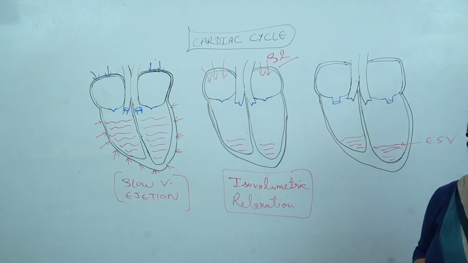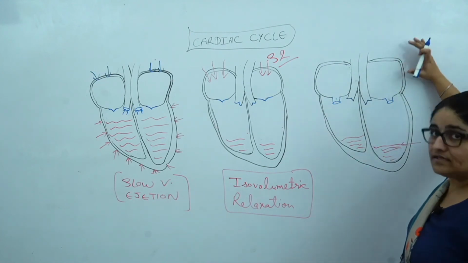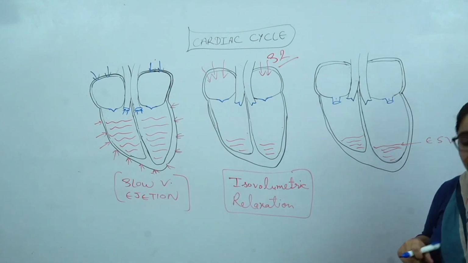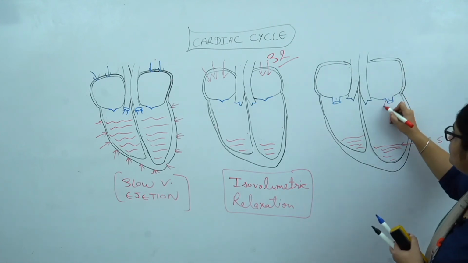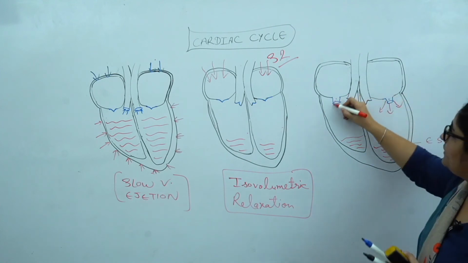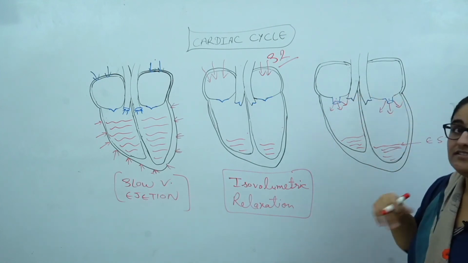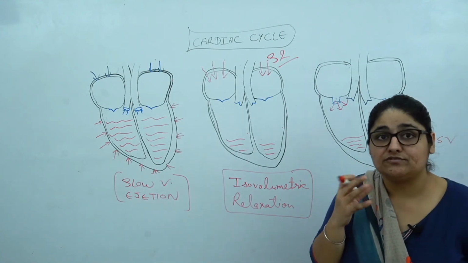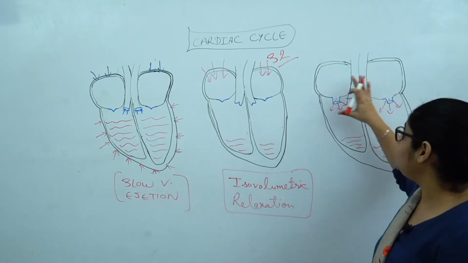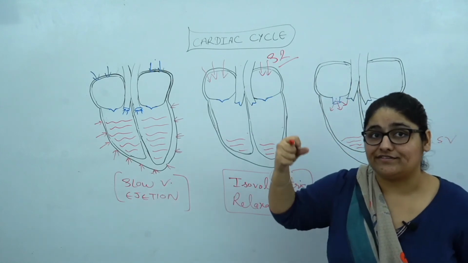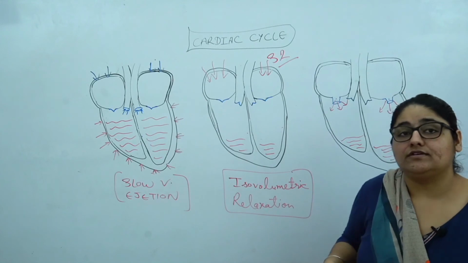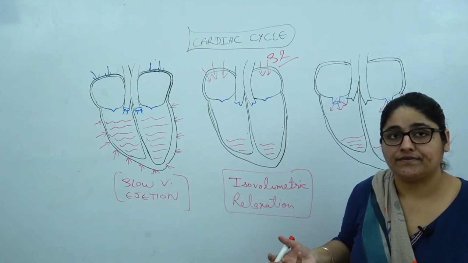Mitral and tricuspid valves will open because the pressure in the atrium is much higher than the pressure in the ventricles. Now the blood will start moving from atria to the ventricles, but one thing is to be remembered: atria has not started contracting yet. The blood is getting filled into the ventricles passively.